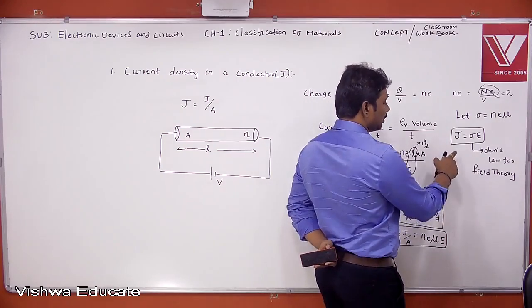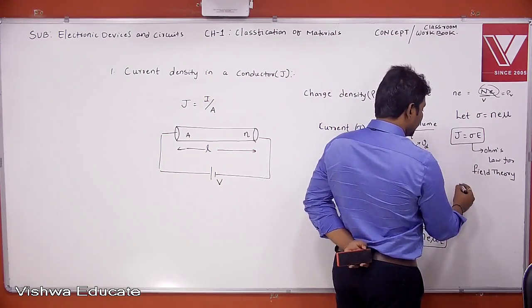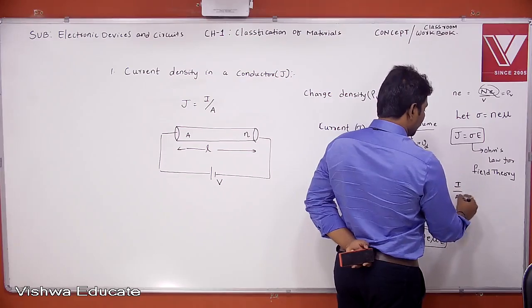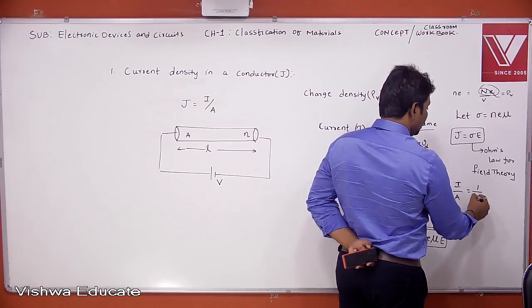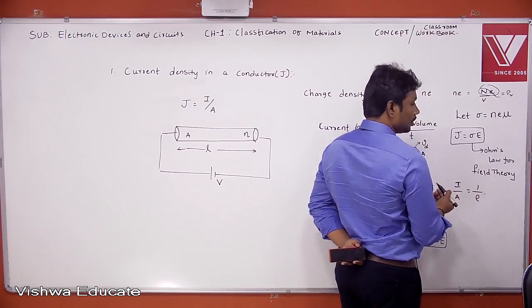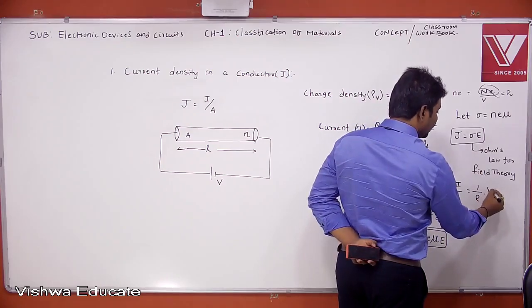Now I can also define the Ohm's law in terms of circuit theory. J is nothing but current per unit area. Sigma in terms of resistivity is 1 by rho, so conductivity is the reciprocal of resistivity. The electric field in terms of voltage is voltage per unit distance.